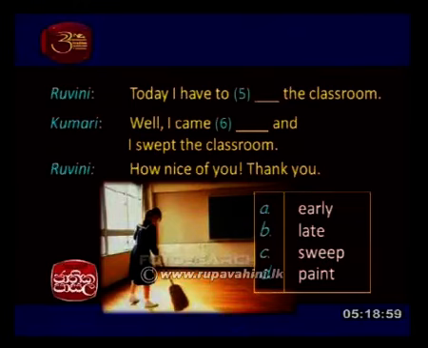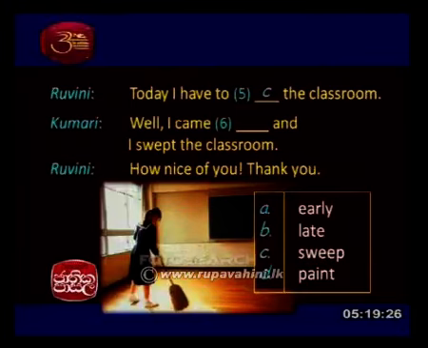Today I have to sweep the classroom. You can see the picture, our girl is sweeping the floor, right? Well, I came late and I swept the classroom. It should be early, as I think. Yeah. Well, I came early and I swept the classroom.